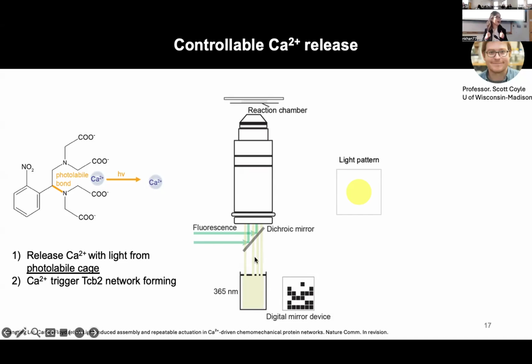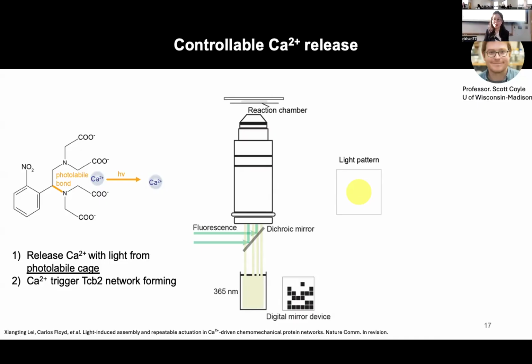So our microscope in the upstairs lab can not only do light activation from the projector, it can also do confocal and fluorescence imaging at the same time. In this way, we can know the system in a more quantified way.